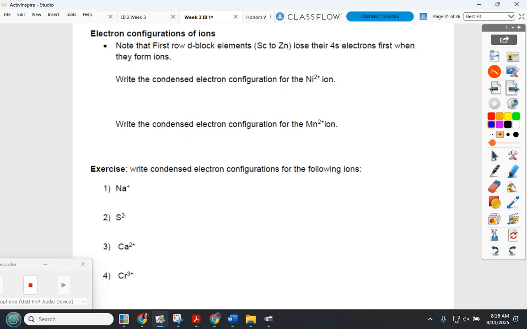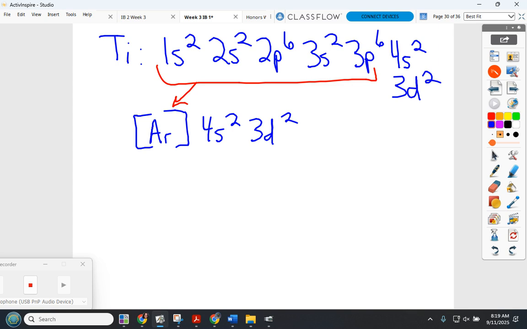Let's talk about ions, because this is where things can get a little bit weird. All right? So at the top of that page where you've got a little bit of space, before we get into the first row d block elements, I'm going to talk about electron configurations of ions in general, okay? So if we have a negative ion, known as an anion, do we have fewer electrons than a neutral atom or more electrons?